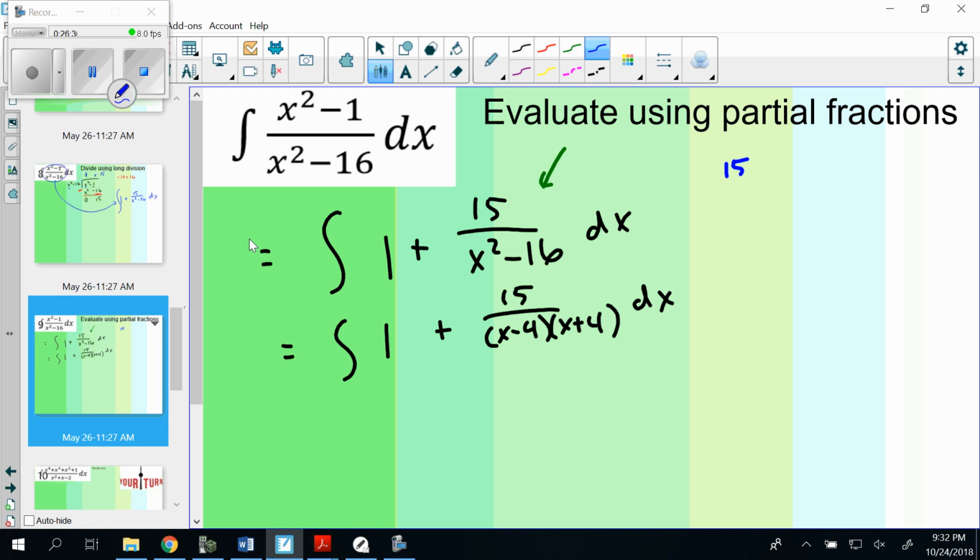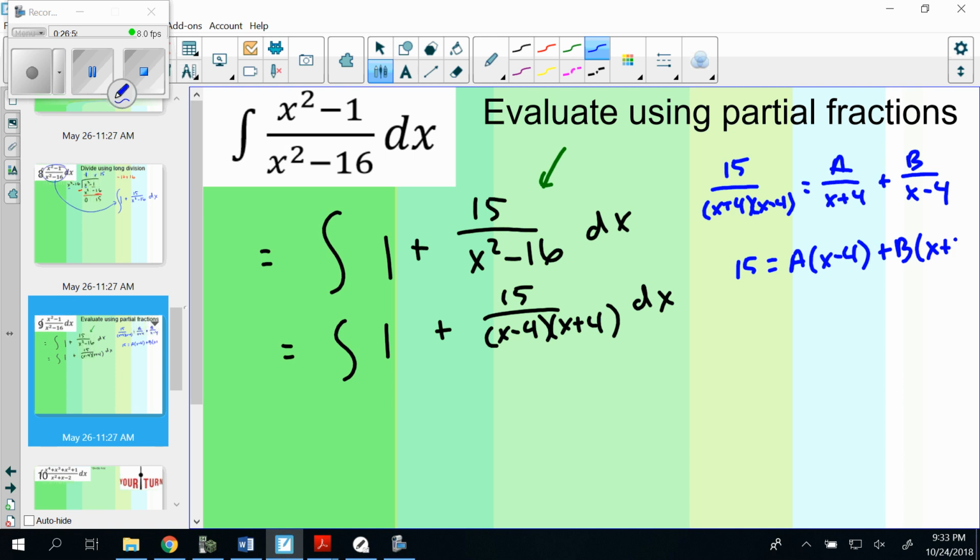You'd have 15 over x plus 4, x minus 4 equals a over x plus 4 plus b over x minus 4. Go through and do the same thing. If you multiply to get the common denominator now, we got 15 equals a times x minus 4 plus b times x plus 4.